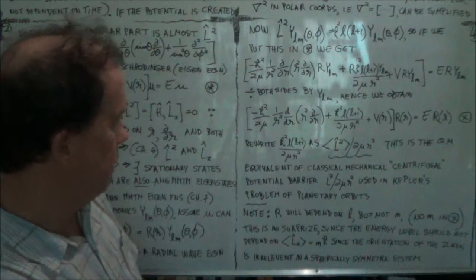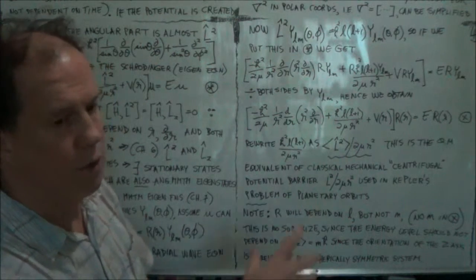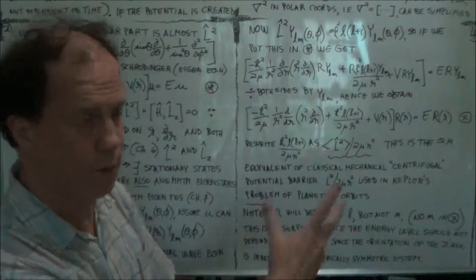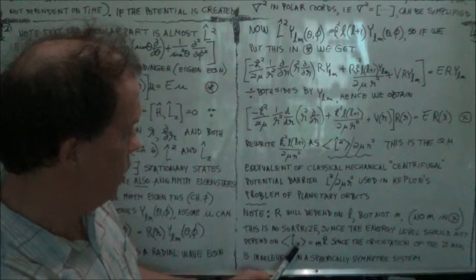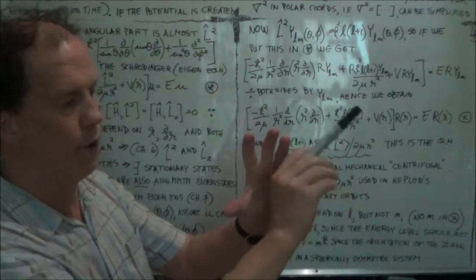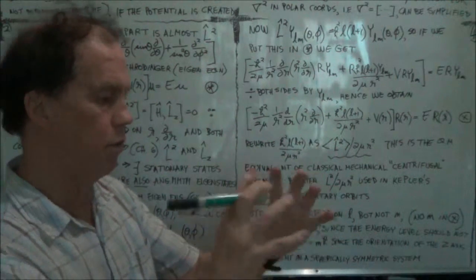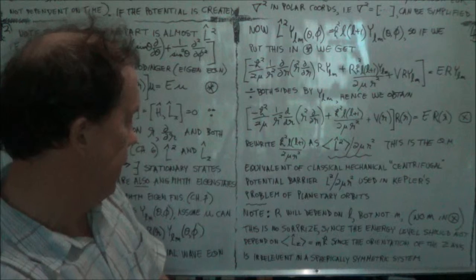So everything's just a function of r. If that's the case, you've got a spherical symmetry type situation, in which case the orientation of the z-axis, when you've got a system that's spherically symmetric, is sort of irrelevant, right?